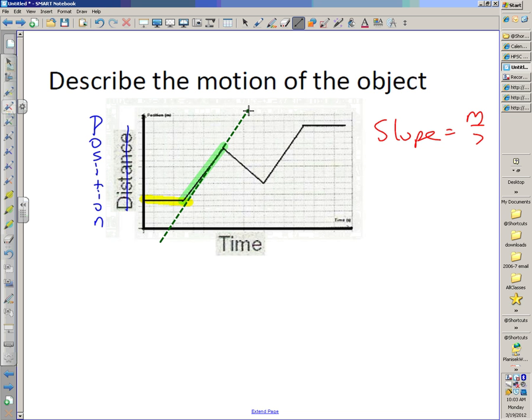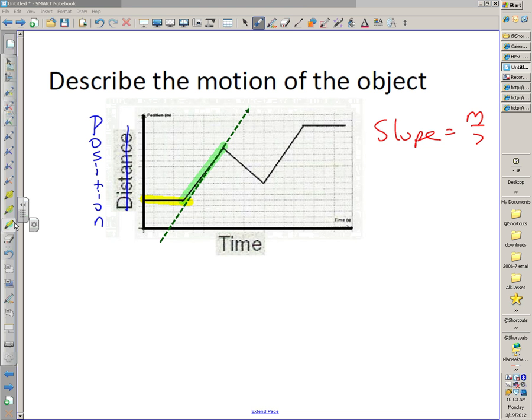It's linear, so the slope is constant, right? It is moving forward at a constant velocity. Is that good?